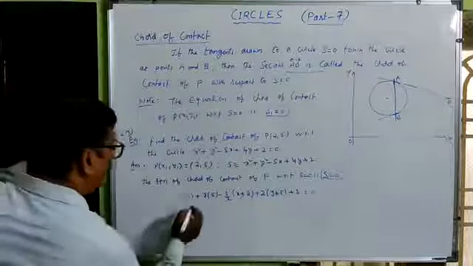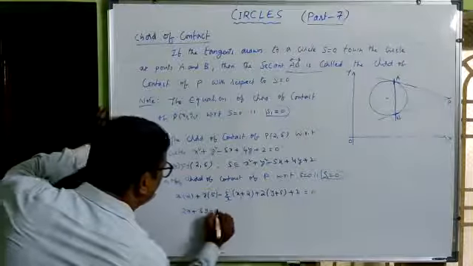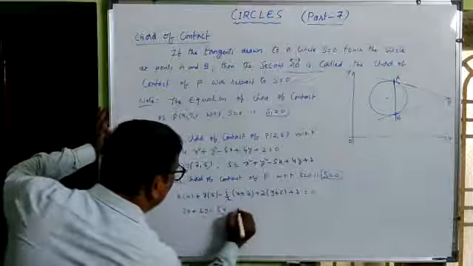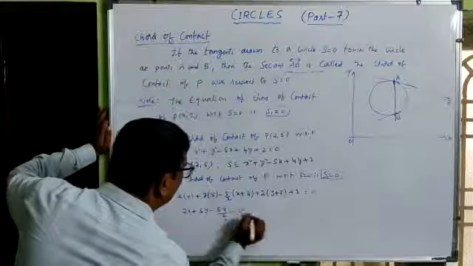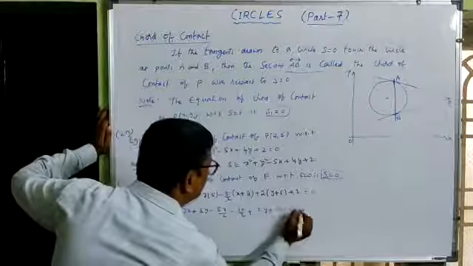Now you can take the LCM. 2x + 5y − (5/2)(x + 2) + 2(y + 5) + 2 = 0.